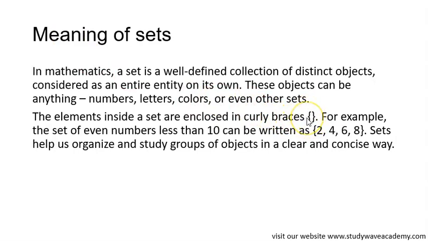For example, the set of even numbers less than 10 can be written as {2, 4, 6, 8}. It's inside the curly braces, right? Sets help us organize and study groups of objects in a clear and concise way. Do you understand that?